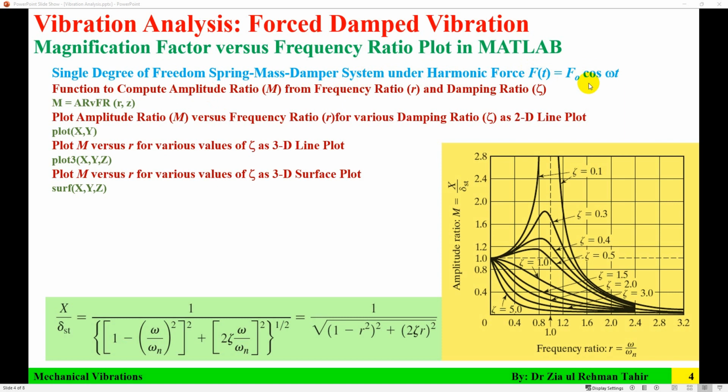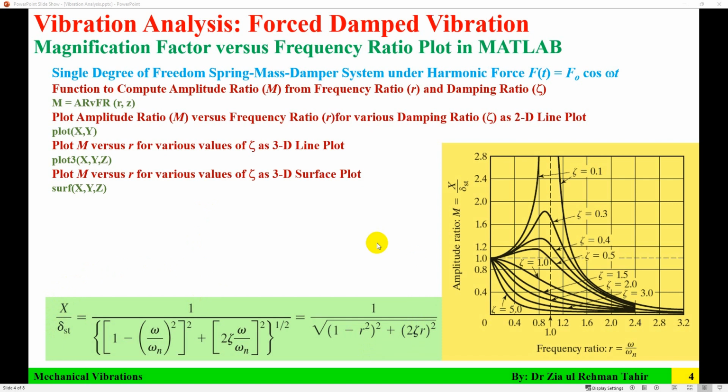When that is a forcing function, then dynamic amplitude divided by the static amplitude gives a relationship which is called the amplitude ratio, or the magnification factor. That magnification factor is a function of R and zeta. R is the frequency ratio and zeta is the damping ratio.